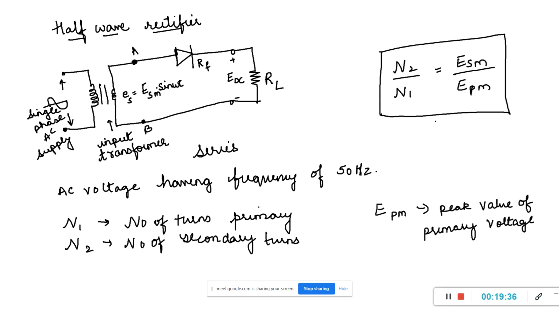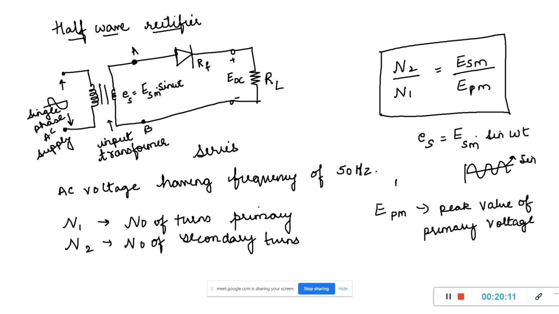We can also write small ES, the secondary voltage at this terminal I have written here. ES is equal to ESM into sine omega t, sine because it is alternating current. So ES is the peak value of the secondary voltage into sine omega t. What is omega?